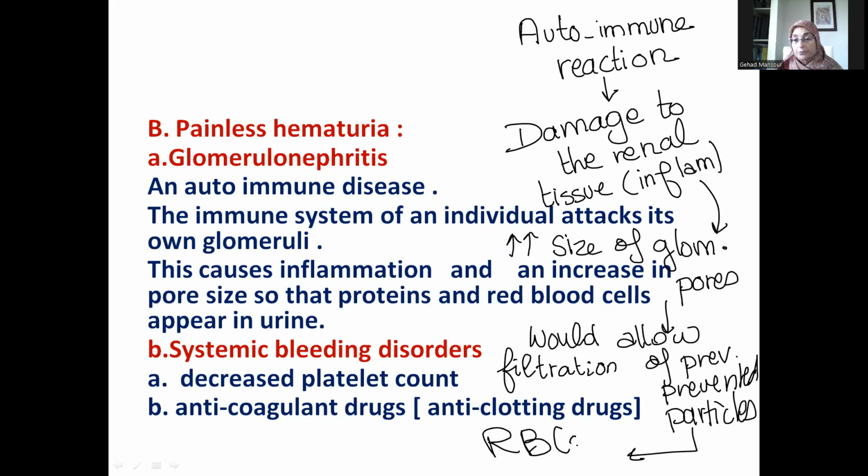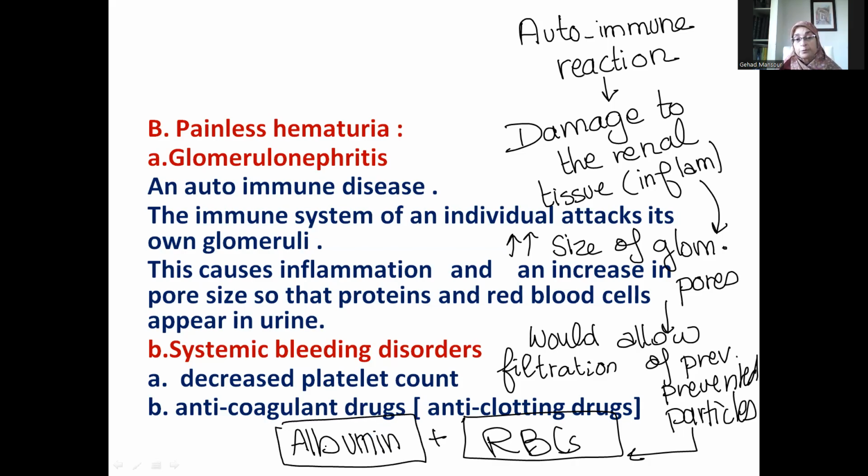The red blood corpuscles that were previously prevented because of their large size, as well as the plasma proteins. And the major plasma protein that can pass after the pores get wider is albumin, because it is the smallest of the previously prevented plasma proteins, and therefore it will be the first to pass.